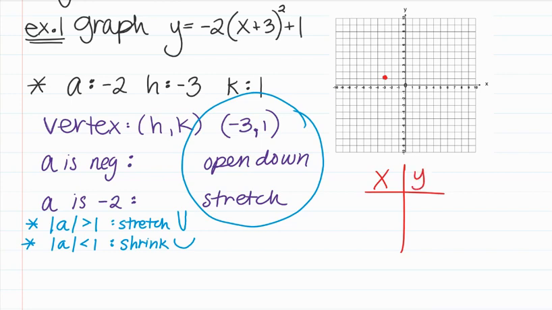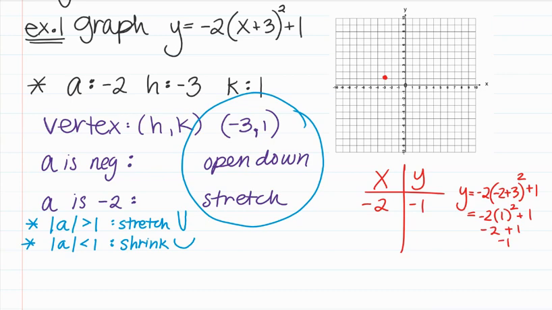So if my vertex is at x equals -3, I want to see what happens when x is -2. So I'm going to substitute, and just work it out. This was a good number to pick because it made my math pretty simple.